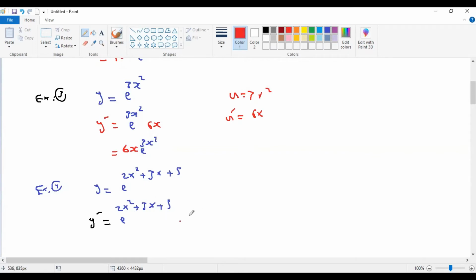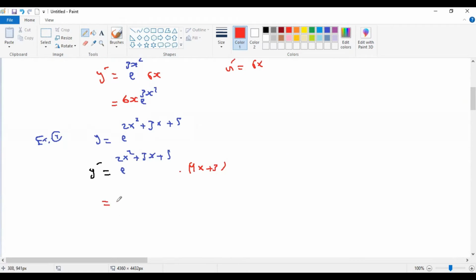So the derivative of 2x squared is 4x, and the derivative of 3x is 3. So now this is the answer. We write it in this way: 4x plus 3 multiplied by e to the power 2x squared plus 3x plus 5.